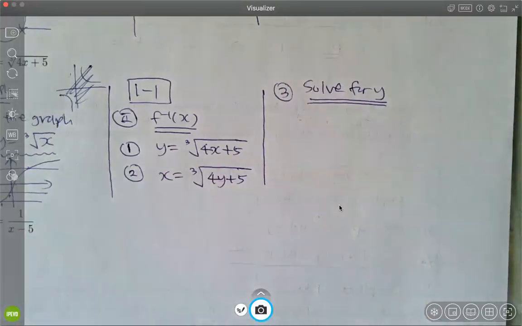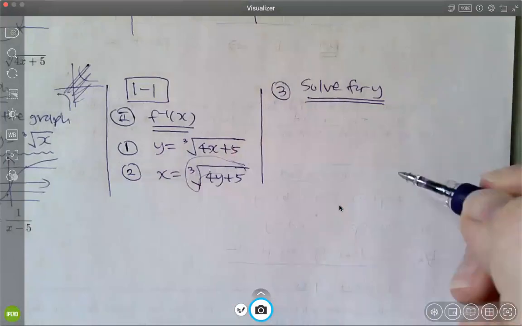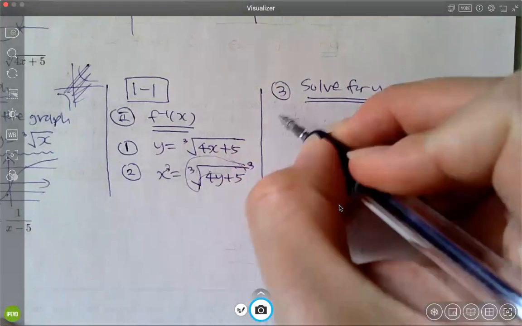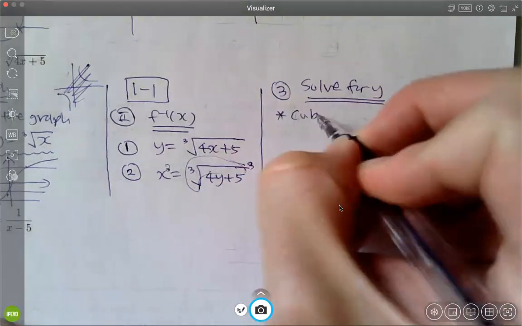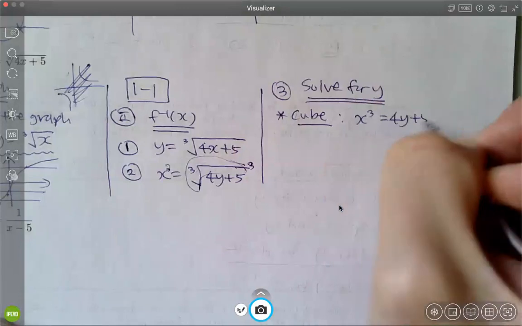What's the step number 1? Cube each side. Cube it, yes. Do you see why? Because somehow you have to remove that cube root thing. And the only way to remove it is what? Cube, right? Okay. So cube. So that means x cubed is equal to 4y plus 5.